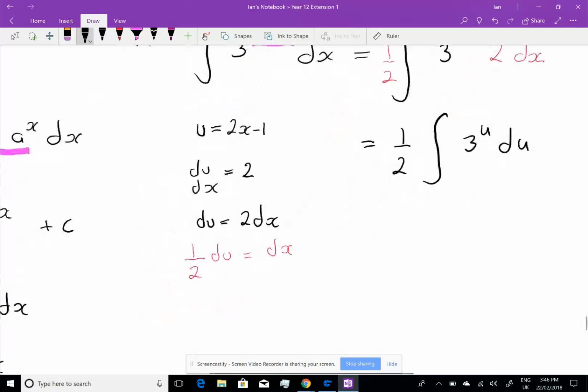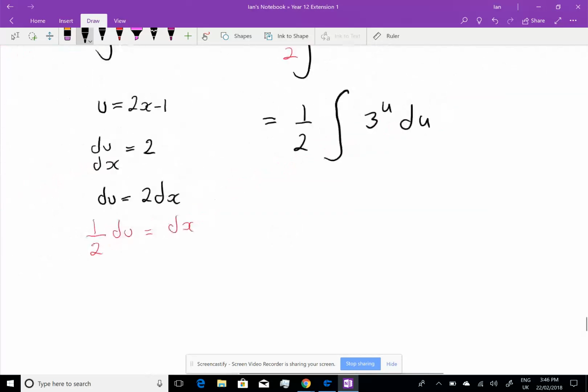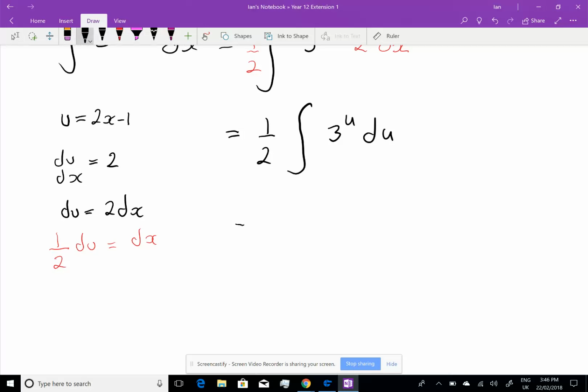And we just integrated that over here. It's 1 on ln 3, 3 to the u plus c. So 1 on 2, 1 on ln 3 times 3 to the u plus some constant.